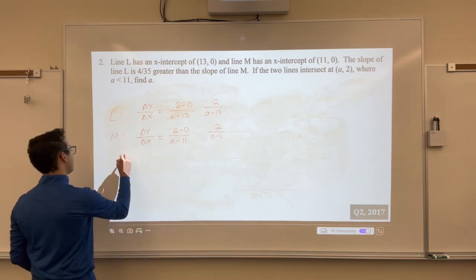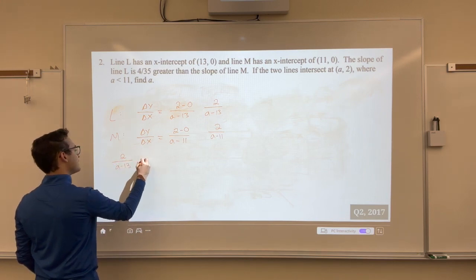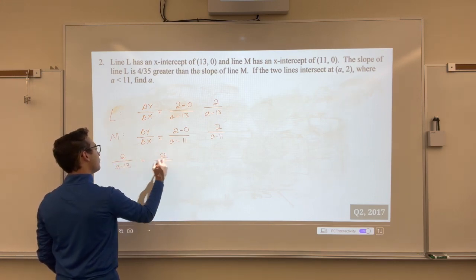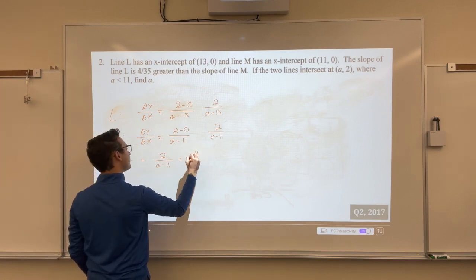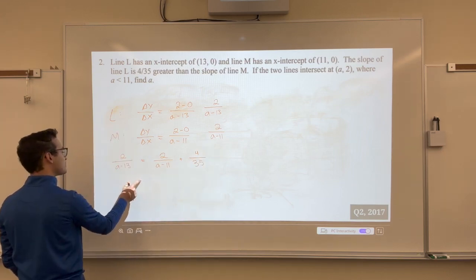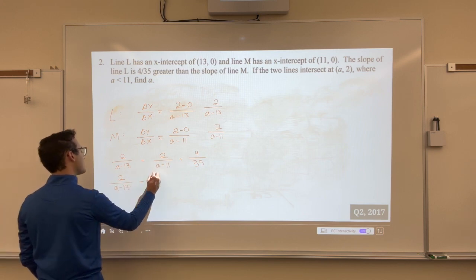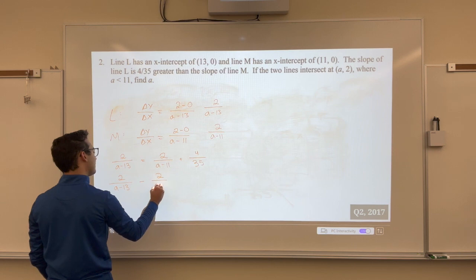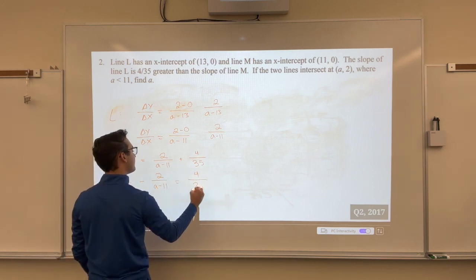So we would say that 2 over a minus 13 is equal to 2 over a minus 11 plus 4 over 35. Now, let's subtract this term to this side, and we get that 2 over a minus 13 minus 2 over a minus 11 is equal to 4 over 35.